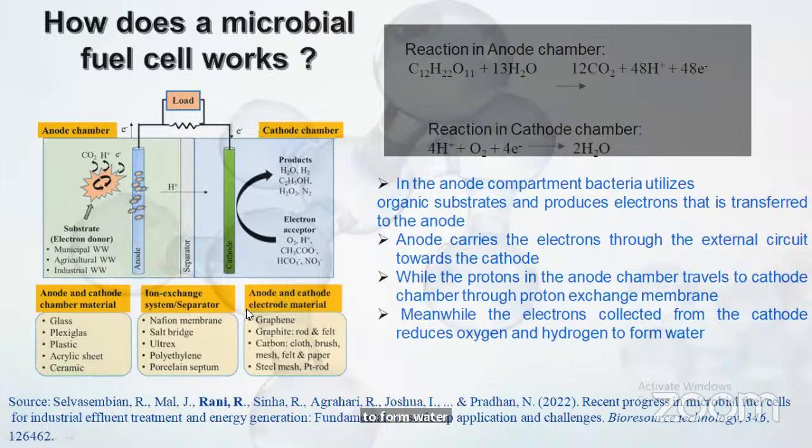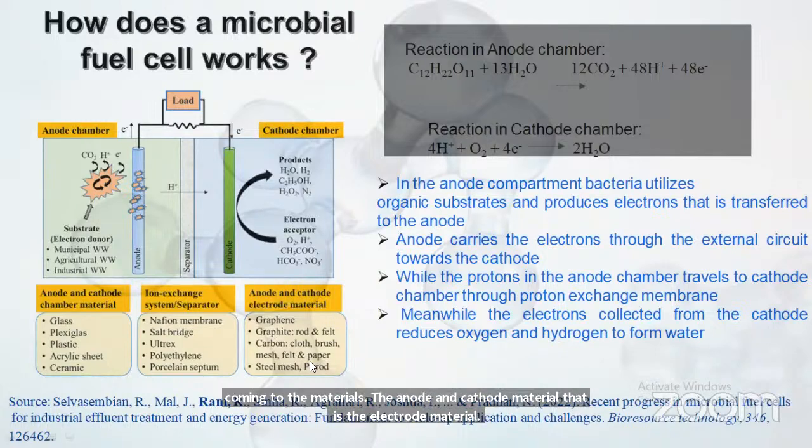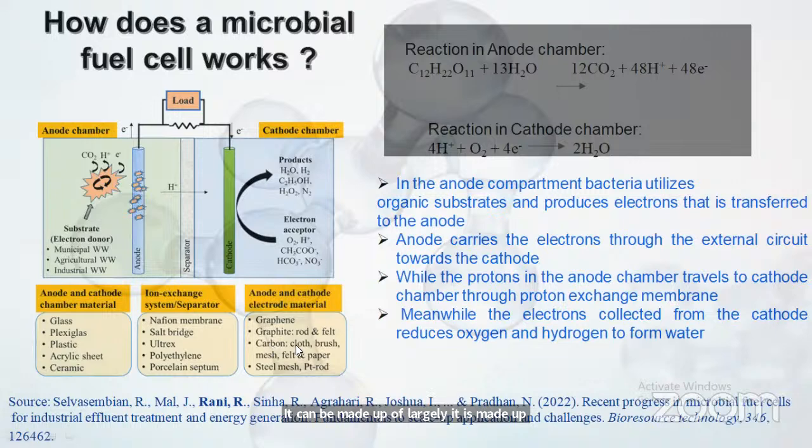Now coming to the materials, the anode and cathode material, that is the electrode material, it is largely made up of carbon materials. The carbon can be in the form of carbon cloth, carbon brush, mesh, felt, paper, or graphite and its derivatives, graphene, and sometimes conductive metals are also used as electrode material.